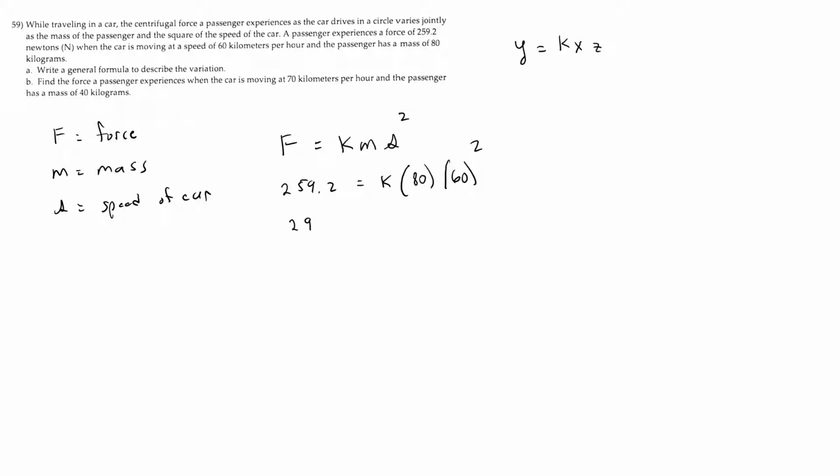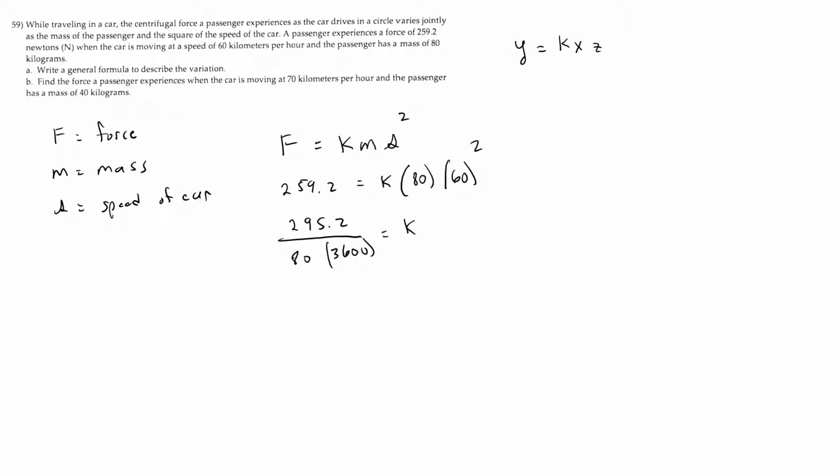So 259.2 divided by 80 divided by 60 squared. 60 squared is 3,600. So I went ahead and divided both sides by 80, and I divided both sides by 60 squared.